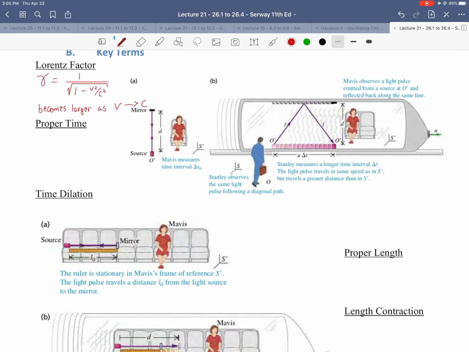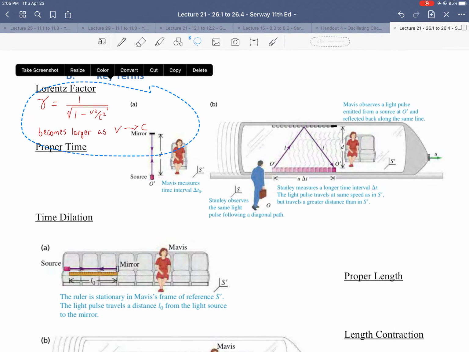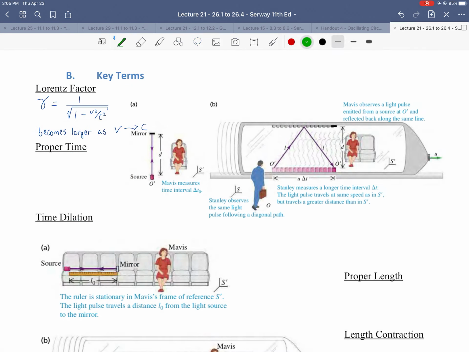Okay? Now, there are a couple of terms that we're going to have to be really, really careful about, and that's proper time and proper length. The first one I want to define for you here is proper time. Proper time is represented by t with a subscript of 0.